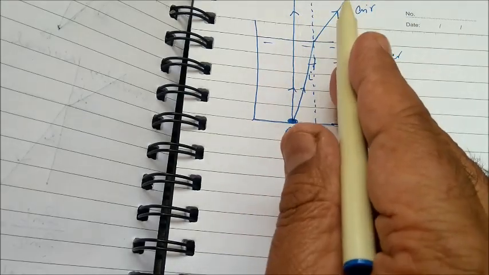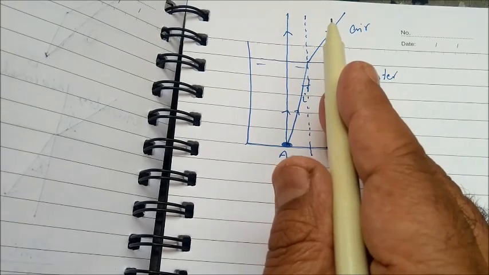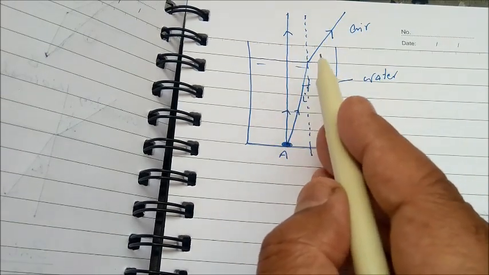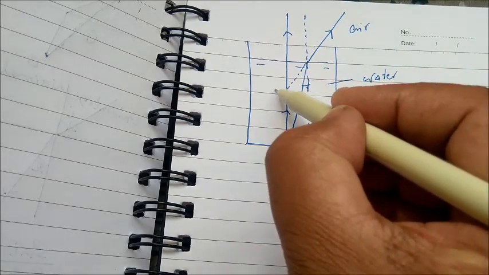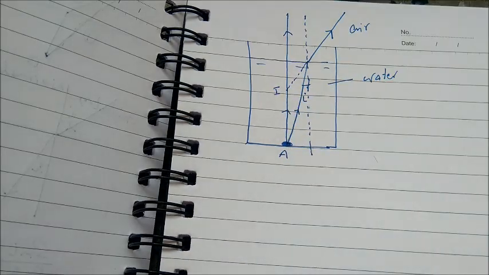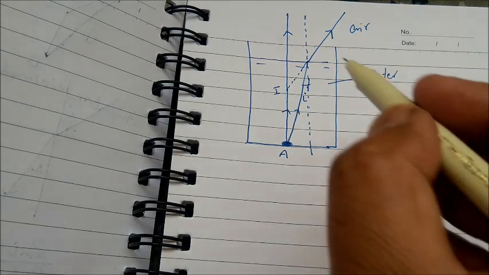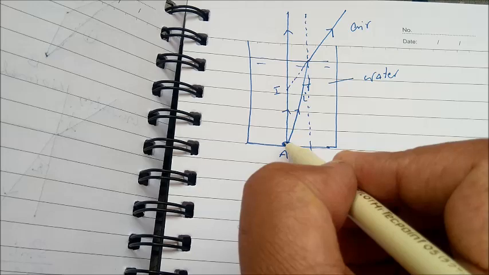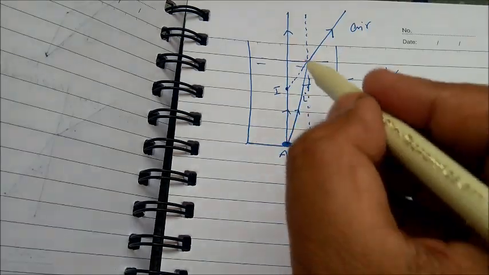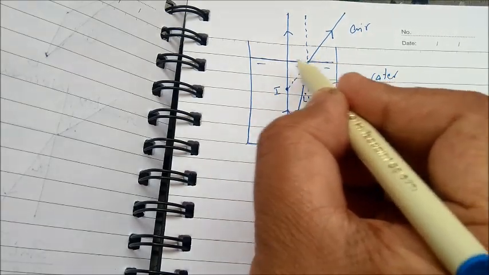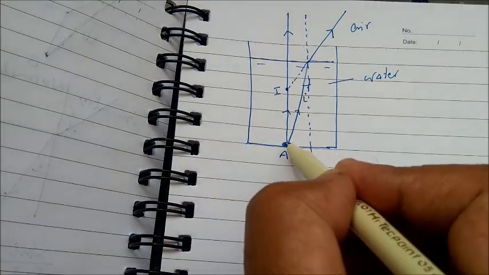So if we are looking from this side, somewhere here, these two light rays appear to come from point I and not from A. So it means this object to us appears at this position. The real depth is this much.